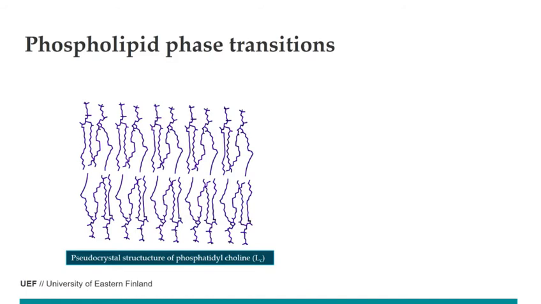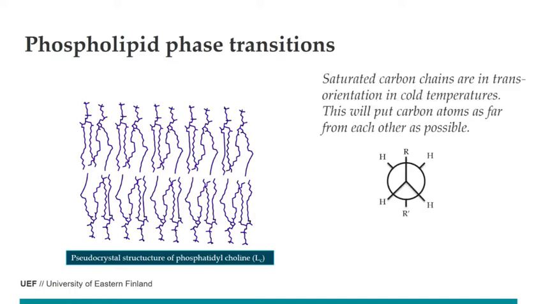And what is the structure of the phospholipid? In very cold temperatures, it's in a pseudocrystal structure. In this, the carbon chains are all trans-oriented.